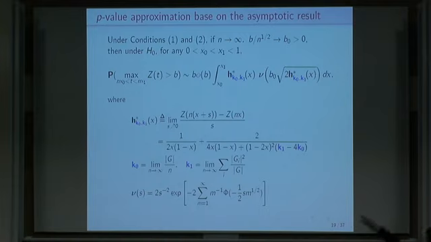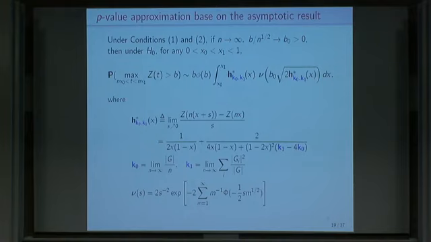This is equivalent to saying that k1 minus 4k0 is always non-negative. So we should put h always in this interval. And I feel this result is quite interesting.